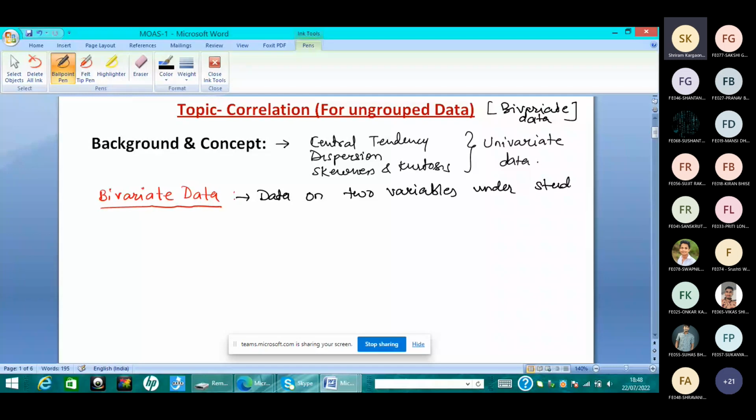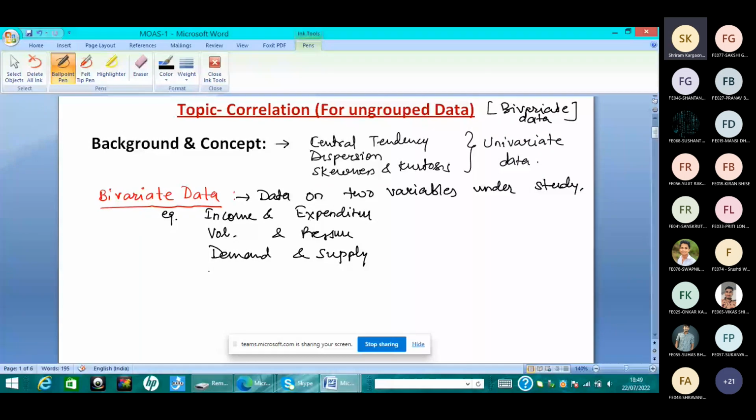We can give examples: income and expenditure, volume and pressure, demand and supply, price and demand.